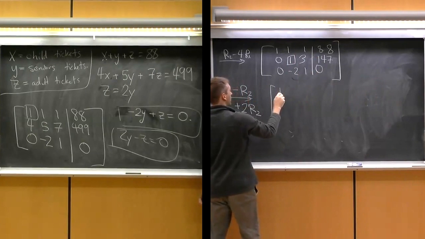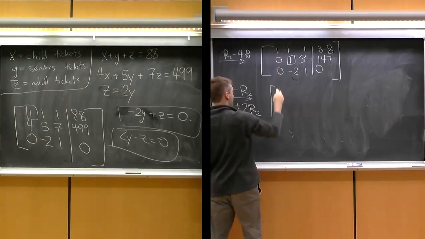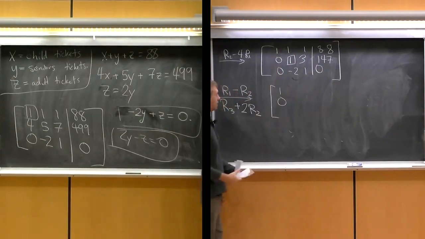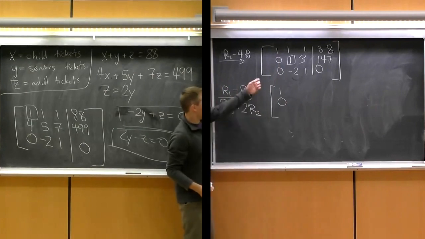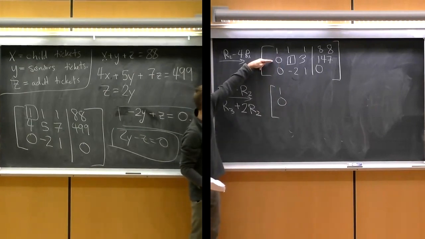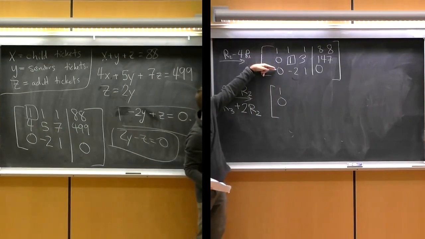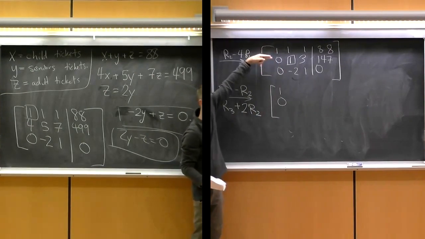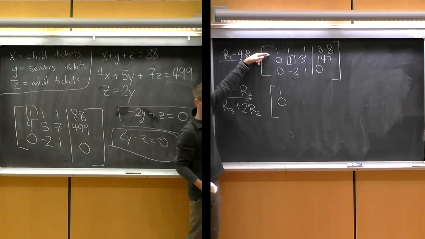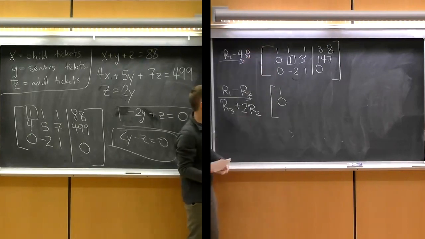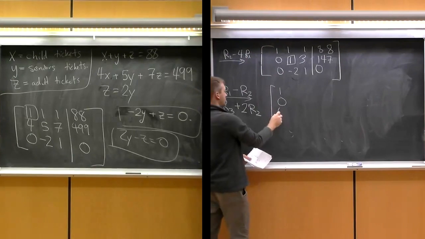So when you do this, the first column stays the same. This is the beauty of this method: once I've got this first column to look like this, when I'm adding or subtracting things from the other rows, it's just adding and subtracting zeros. So I know this column's not going to change.